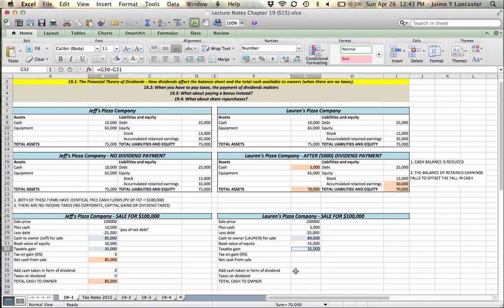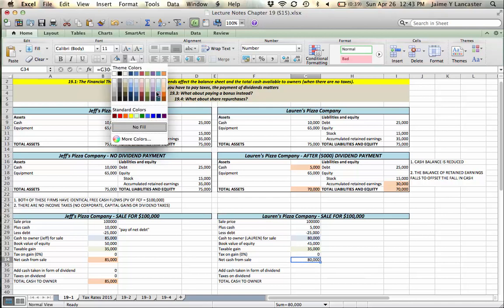Interesting. Well, we'll have a $0 tax on that gain, and so our net cash from our sale is going to be $80,000 that she receives minus the tax she's got to pay. So here it looks like she's getting $80,000 out of the firm for selling it.